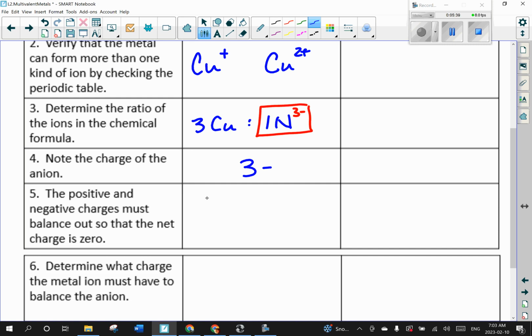So we had copper, copper, copper, nitrogen, and we knew that was a 3 negative. What did each one of these have to be? And remember, I only have 2 choices, 1 or 2. So it's either 1, 1, 1 or 2, 2, 2.